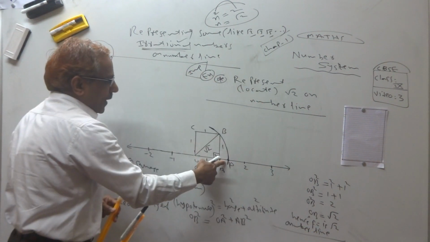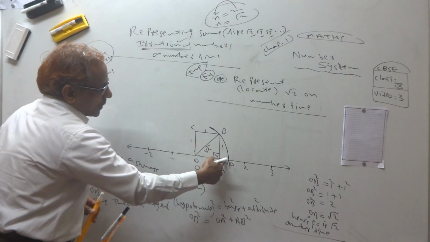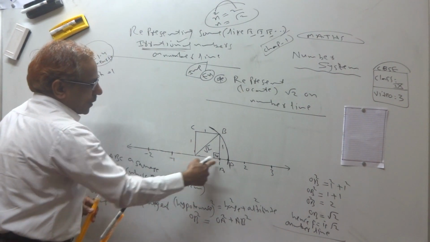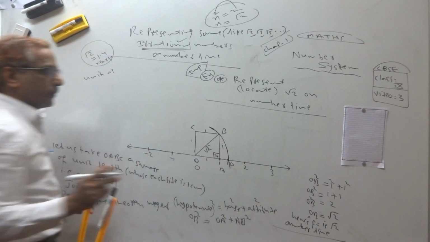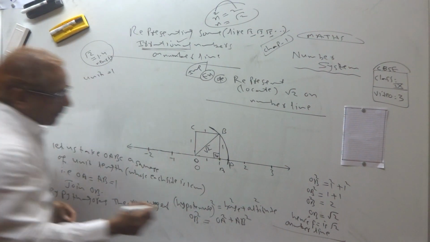You know 0 to this point is nearly 1.4, so this P is the value of root 2. This is the method to represent or locate root 2 on the number line.